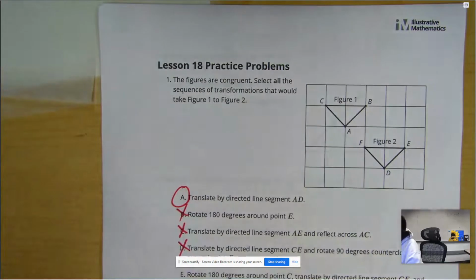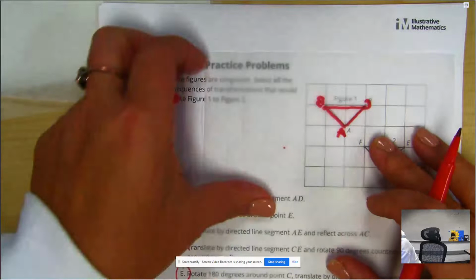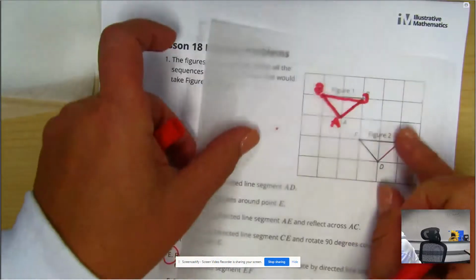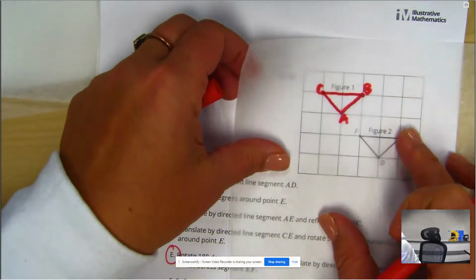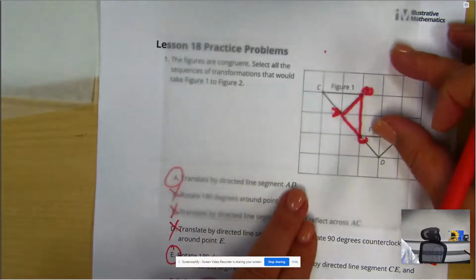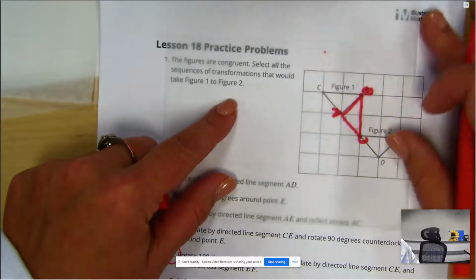Yes, that one works. Reflect across segment AB. Wait, try to do that one. Rotate clockwise using angle BFE.